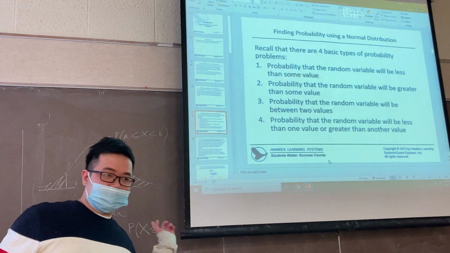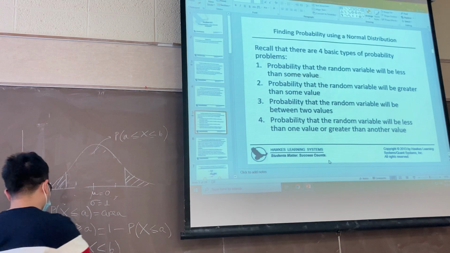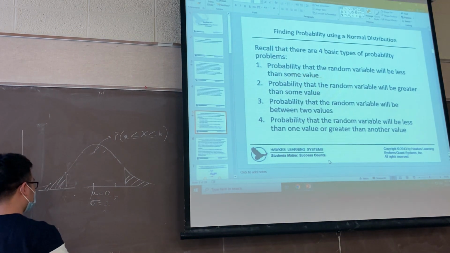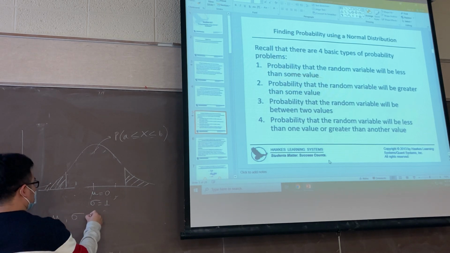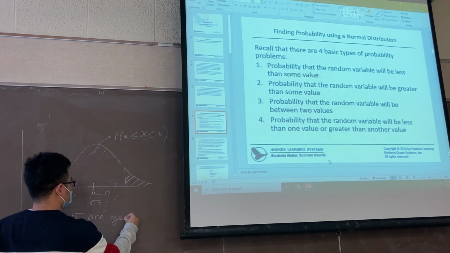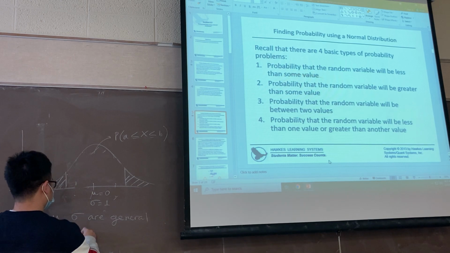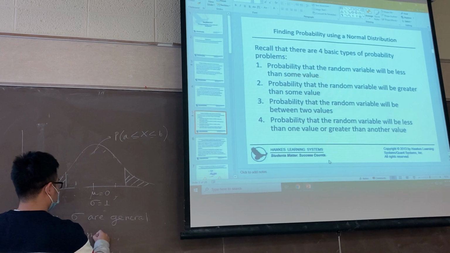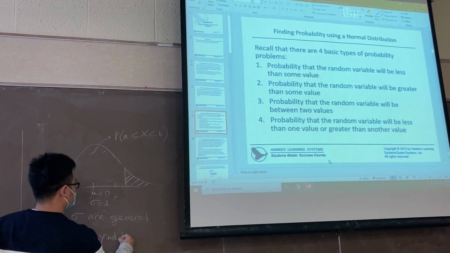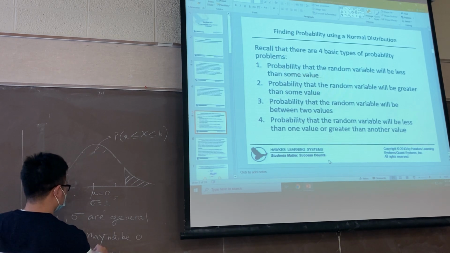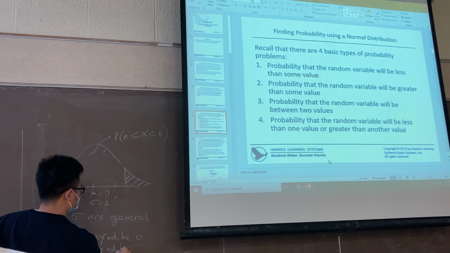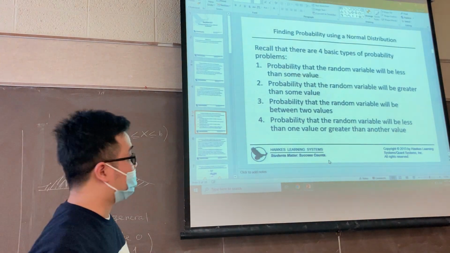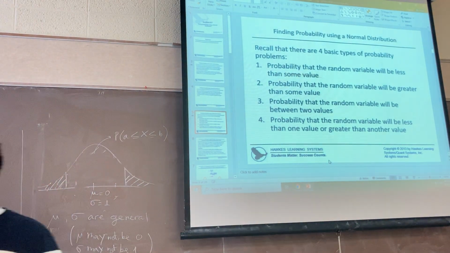Now we will focus on the case where mu and sigma are general, that is, mu may not be 0 and sigma may not be 1. That is what we will focus on in today's lecture.